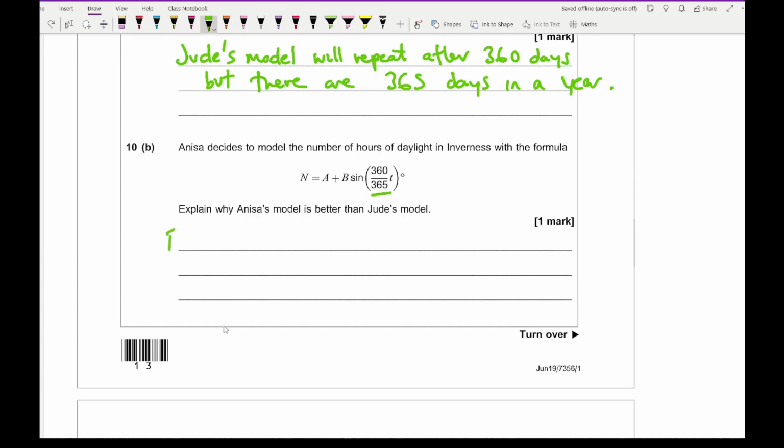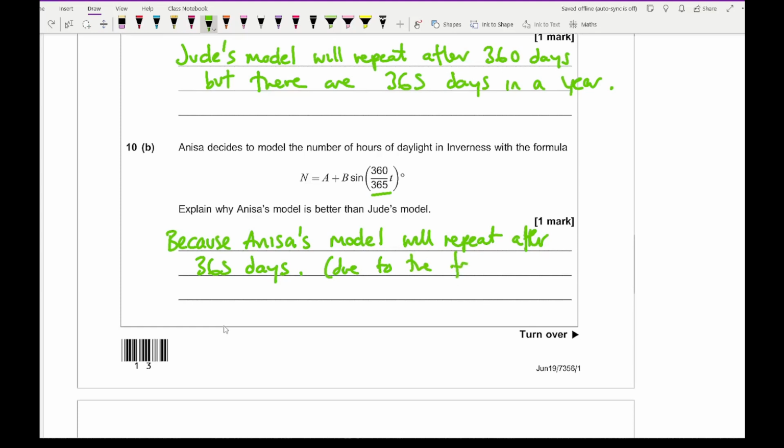So we just need to write because Anissa's model will repeat after 365 days, and because of the fraction, due to the fraction, which to be fair, you don't really need to add that, but it just cements what I'm actually writing.